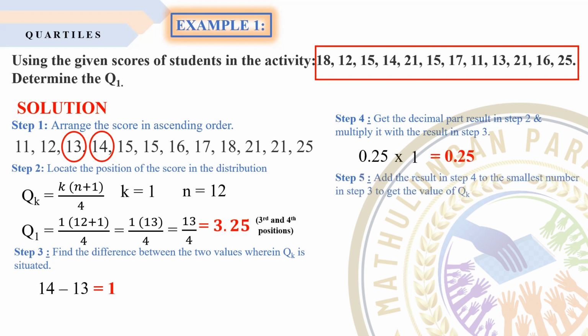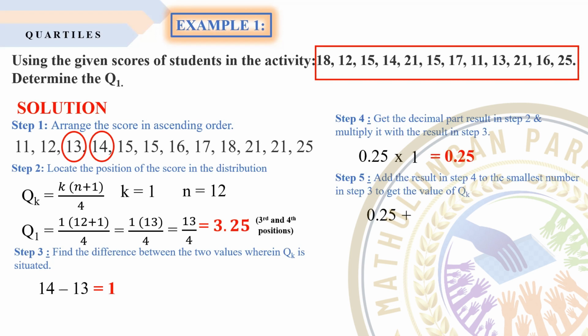And the last step, add the result in step 4 to the smallest number in step 3 to get the value of Q sub k. Okay, ano ba yung ating nakuhang result sa step 4? That is 0.25. I-add daw natin siya sa smallest number na given natin sa step 3.